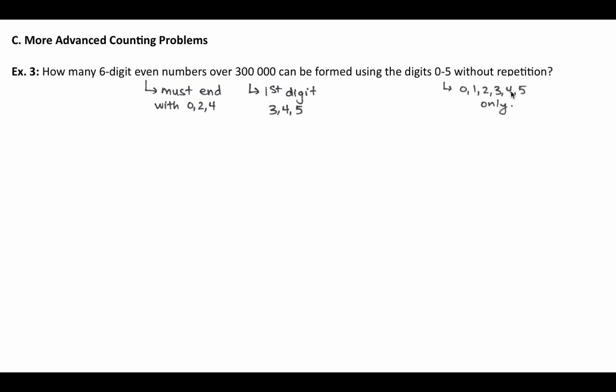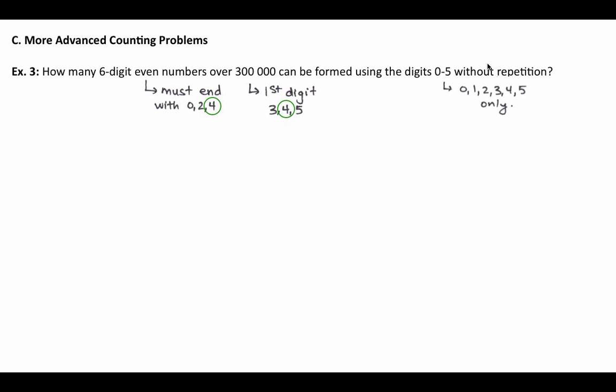If you notice, the 2 restrictions at the top deal with the first digit and the last digit of your 6-digit number. Notice that there's some overlap. If it has to end in 0, 2, or 4, but the first digit has to be 3, 4, or 5, then if we weren't thinking, we would have a case where it starts with a 4 and ends with a 4.